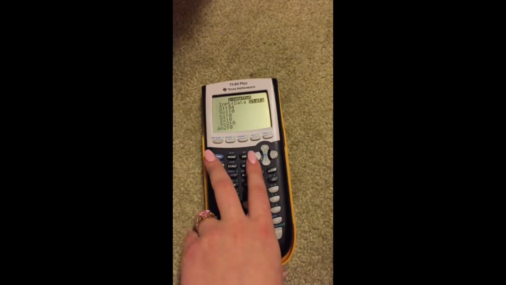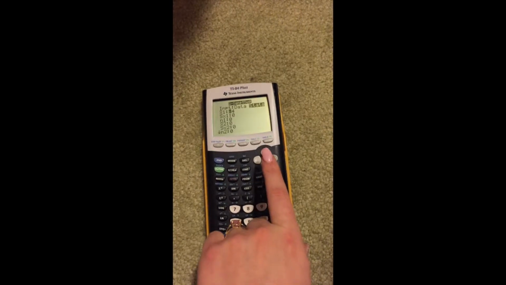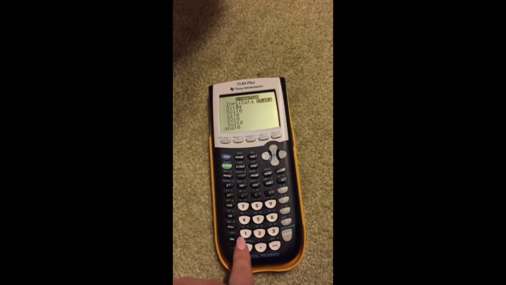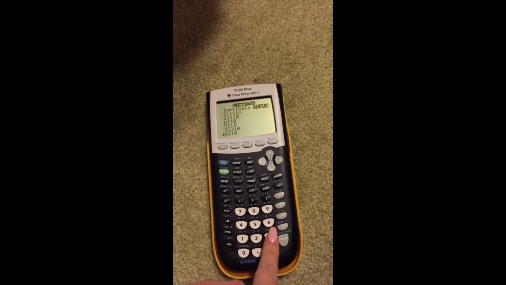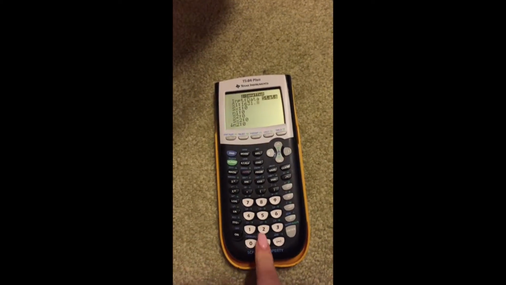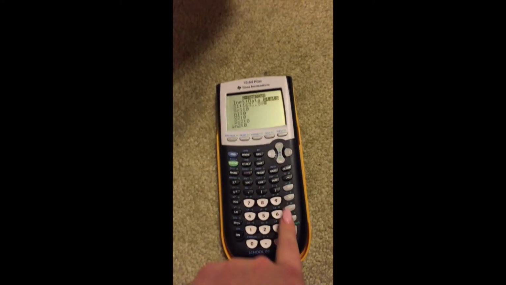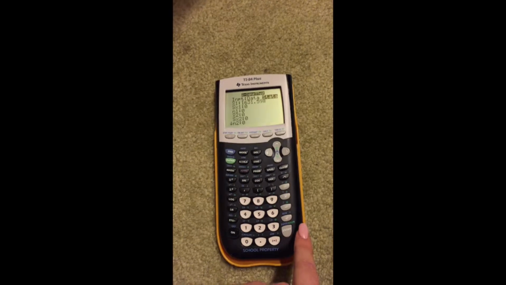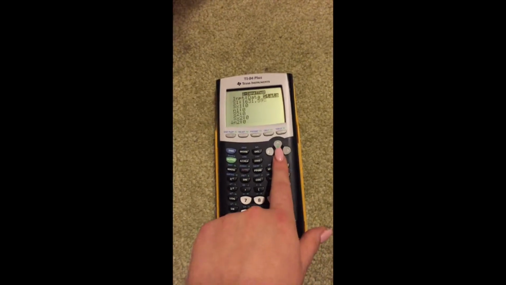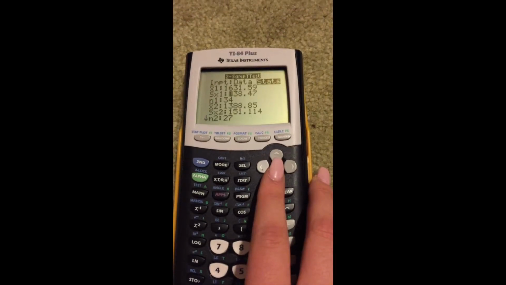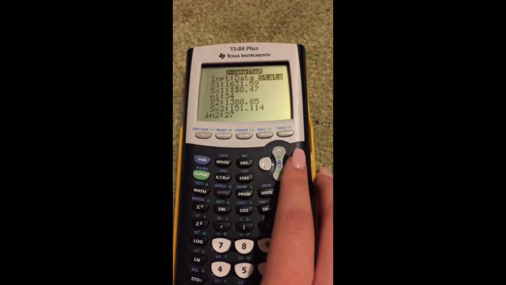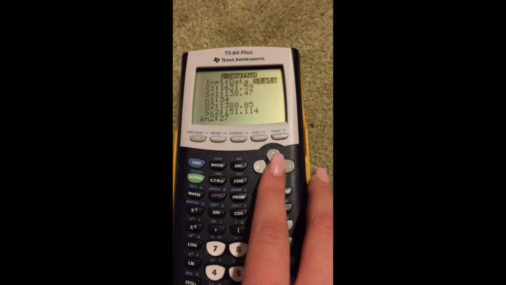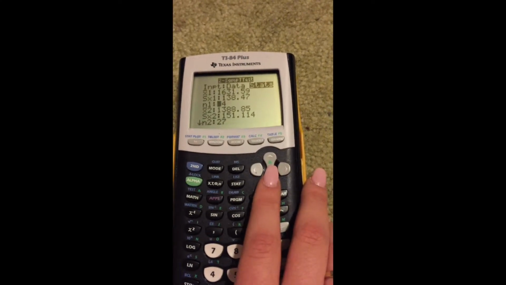And first, you put in the first mean, which for us is the mean of the north, 1631.59. Next is the standard deviation of that sample, which is 138.47. Now we move on to the sample size, which is 34 in this first sample.